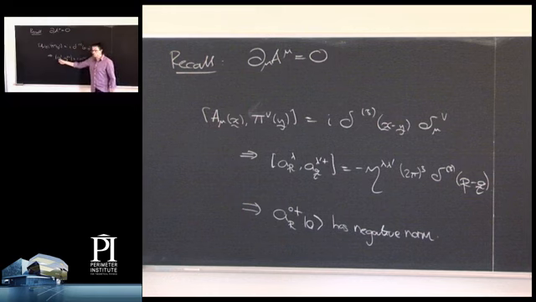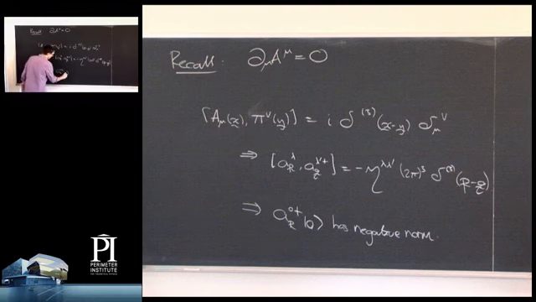But the A0 one, the time-like guy, that has a minus sign. And the implication of this is that whenever you try to create a photon that's polarized in a time-like direction by this operator here, this has negative norm.